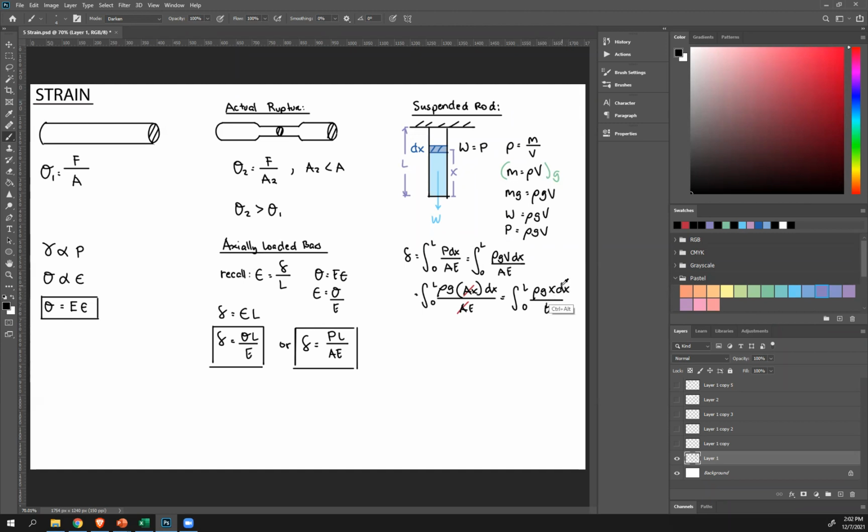Now in integration, it's easier if we can factor out constants. Constants meaning values that won't change no matter what you do to the object. So can anybody tell me what are the constants in this equation? Or just one? Constants of the equation.